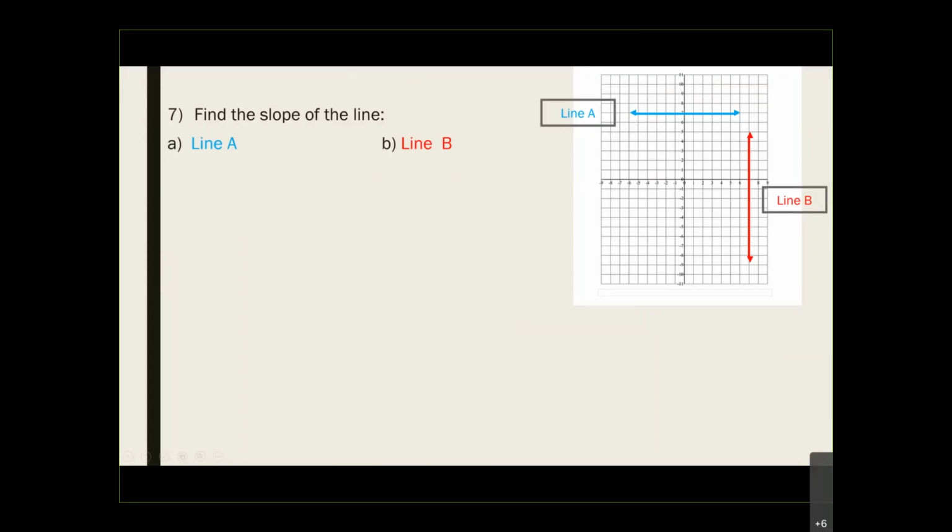But again, let's take a look at line A first. Line A, what do we have here? What kind of slope is line A? What kind of slope if it's horizontal? Reminder, horizontal, you do not increase, you do not decrease, which is a zero slope, right? It's not a negative slope, it's not a positive slope, it's a zero slope.